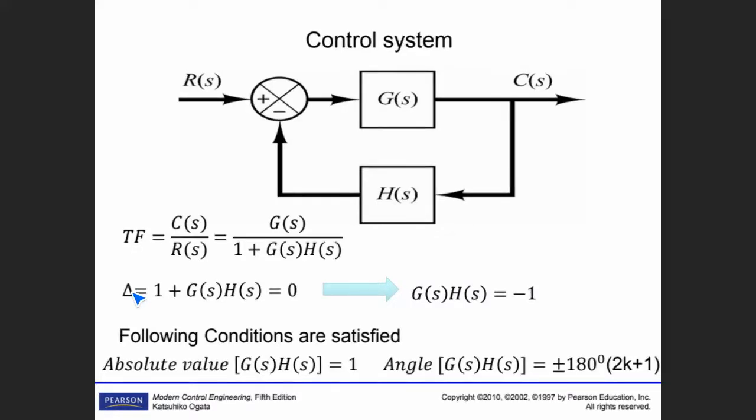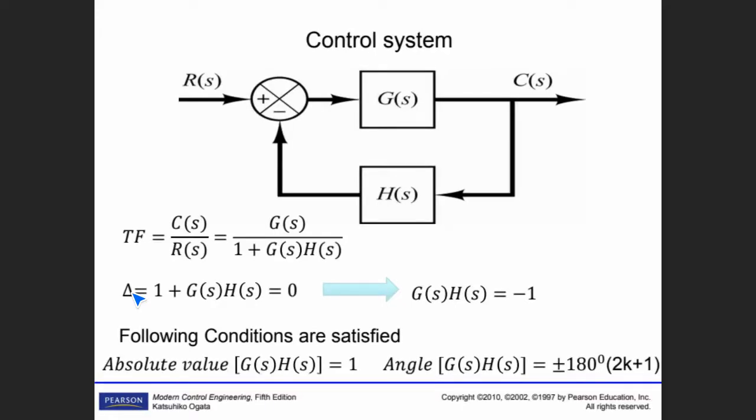Now, what we are looking for is, while the K parameter, the proportionality constant, is changing, what kind of change occurs in our system, or the trajectory of the poles.